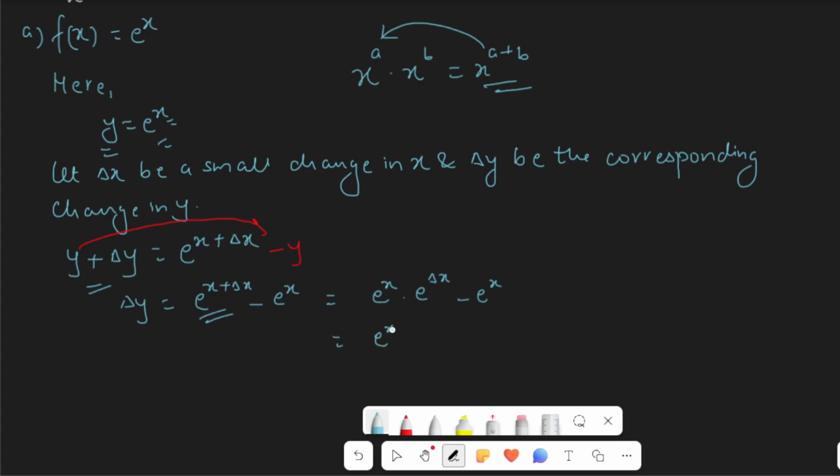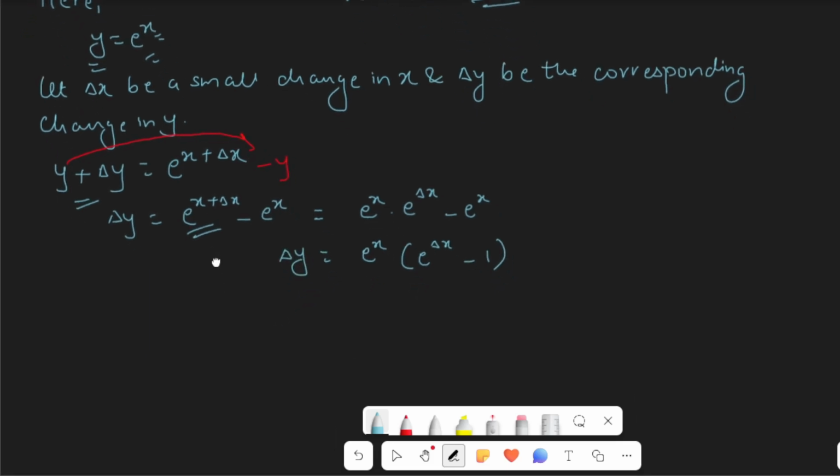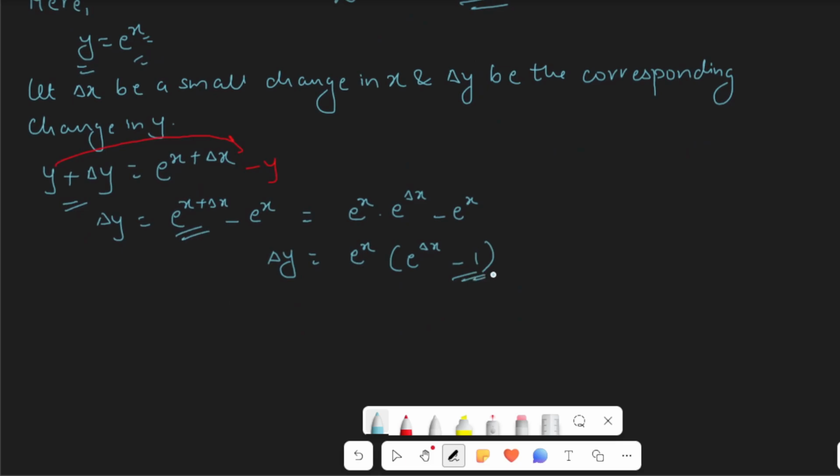Now we take common so that it becomes e to the power x times e to the power delta x minus 1. So this is delta y. Now you can see some pattern here. We have already gotten the form we wanted. Right? We wanted this form.